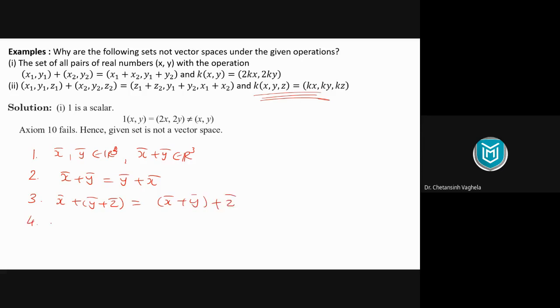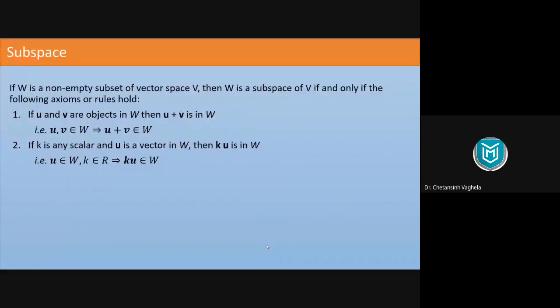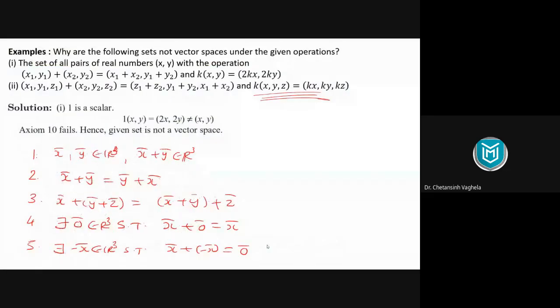Then fourth property, existence of zero element: there exists 0 bar belongs to R3 such that x bar plus 0 bar is equal to x bar. And fifth condition: there exists minus x bar belongs to R3 such that x bar plus minus x bar is equal to 0 bar. So the 5 conditions are there for your reference. Now you can answer me.